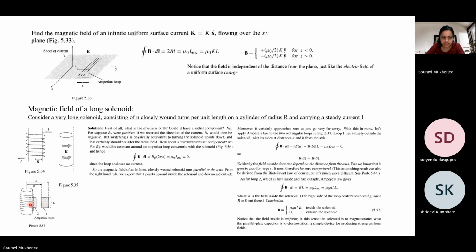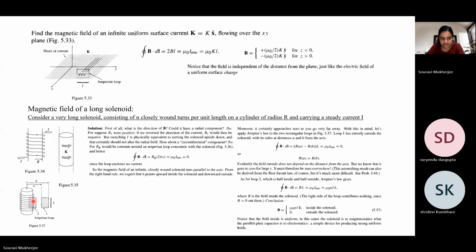If you want to find the field somewhere inside, you can consider a loop like this, which is partially inside and partially outside. Then you can again use Ampere's law, which will say that the net enclosed current is mu0 NIL.